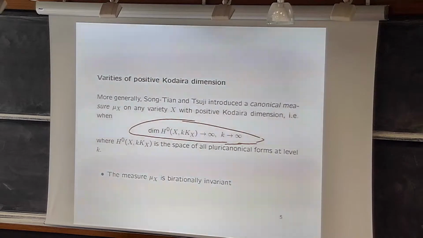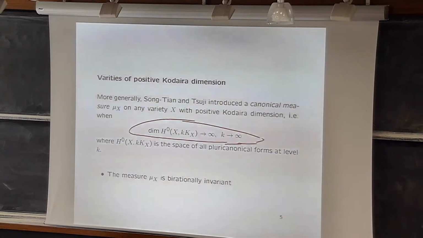And then when we consider varieties of positive Kodaira dimension, Song-Tian and Tsuji have constructed a canonical, possibly singular, metric on these varieties in general. Positive Kodaira dimension just means that there is enough intelligent life on X, right? So there are many sections of high powers of the canonical line bundle.